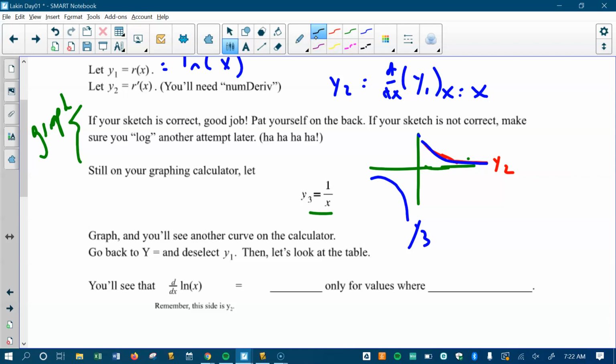The point here is the derivative of ln of x is equal to 1 over x only when x is positive.